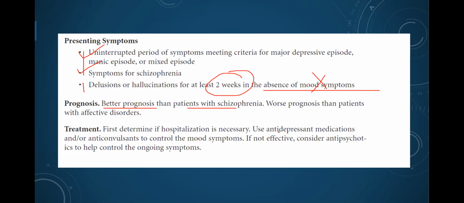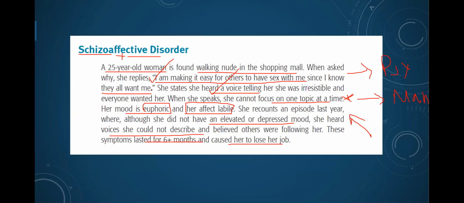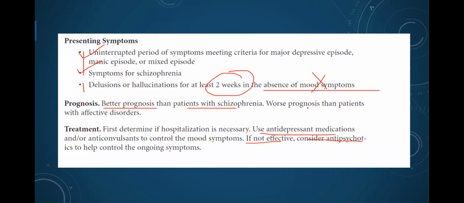And then you can start with antidepressant medication first. If that is not effective, then consider adding antipsychotic. All right. Antidepressant only if the patient has depression feature. What if this patient will need antipsychotic first because she is having mania and psychosis. So best will be starting with antipsychotic.